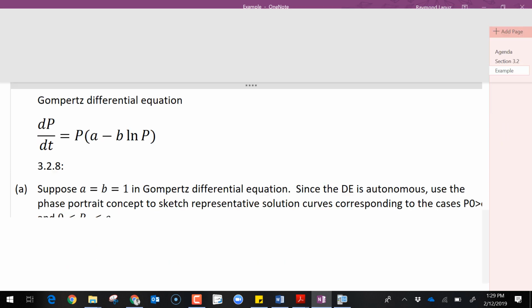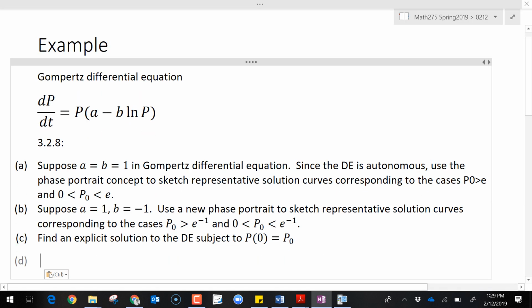Gompertz. I don't know if that's pronounced correctly. So here's another differential equation. What they do is they play around. The logistic model is a good model, but sometimes they need to do a little tweaking to make it more appropriate for whatever application is being used.